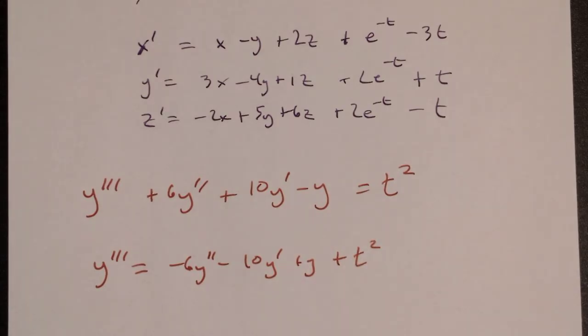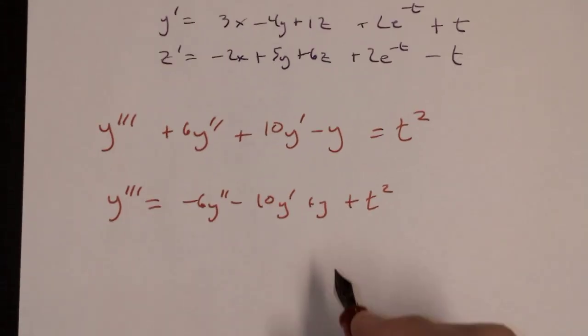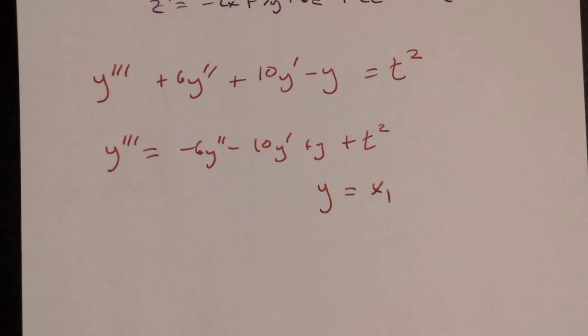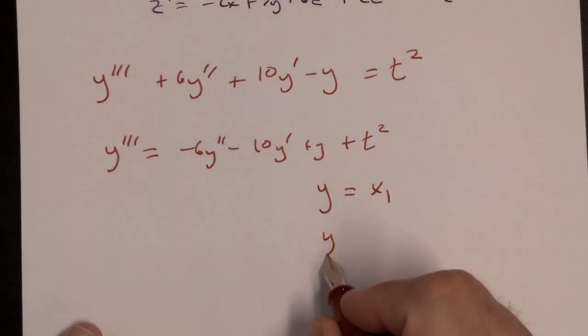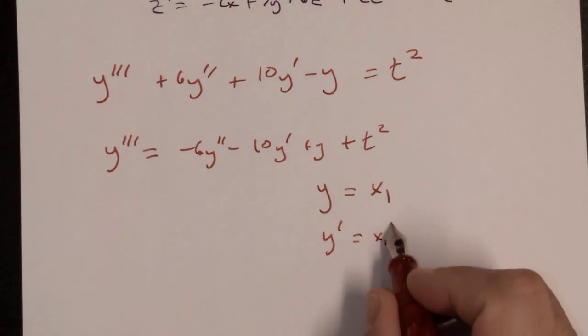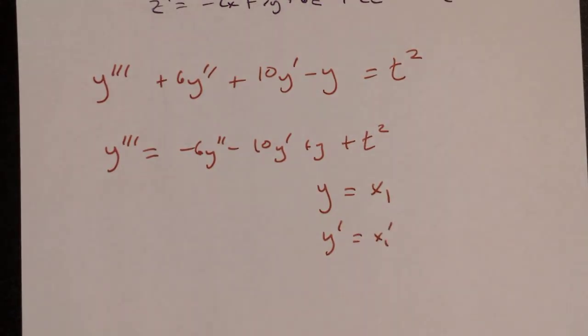Now, I'm going to replace these derivatives with more variables. So I'm going to think of y as my first variable. I'm going to let y be x1. Then the derivative of y, well, that would be x1 prime, wouldn't it? Let's call that a new variable, x2.